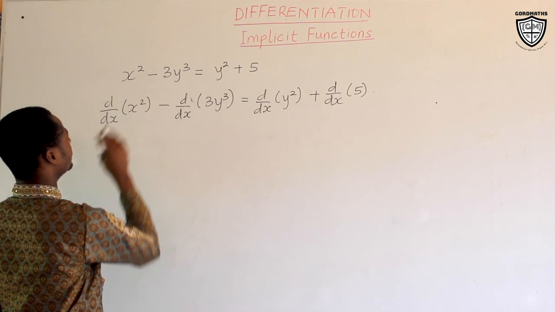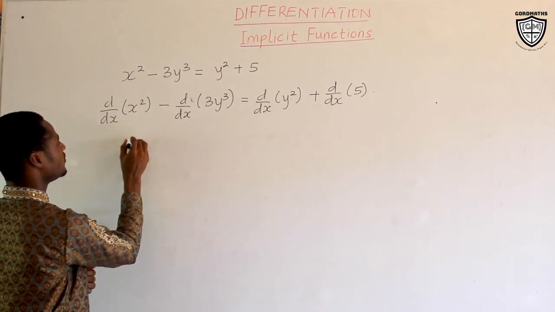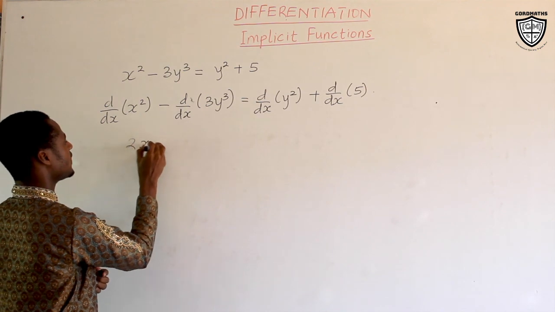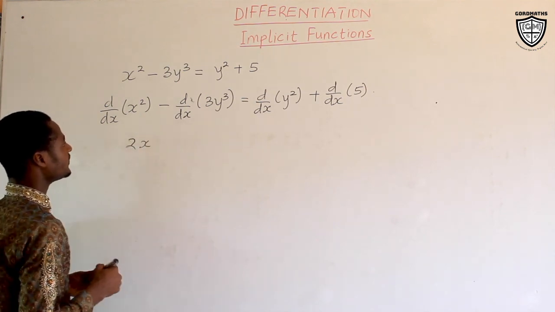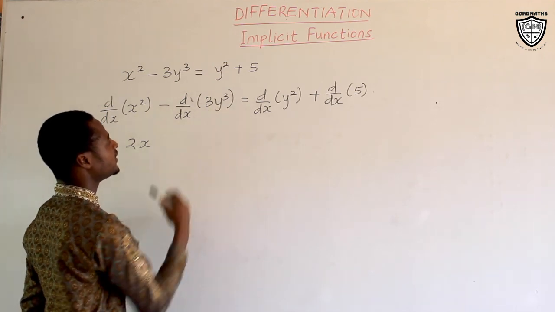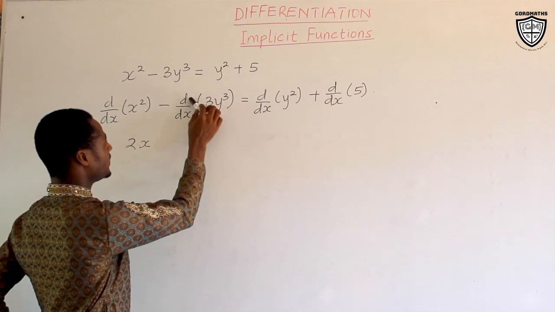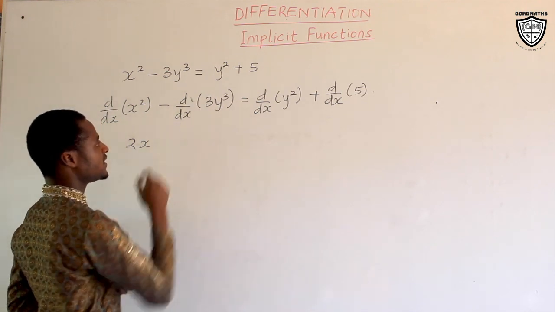So d/dx of x squared using the general rule of differentiation will give us 2x. Then minus d/dx of 3y cubed. Since this expression is in terms of y, we can't find the derivative with respect to x.